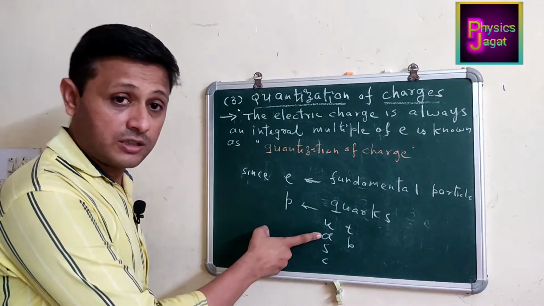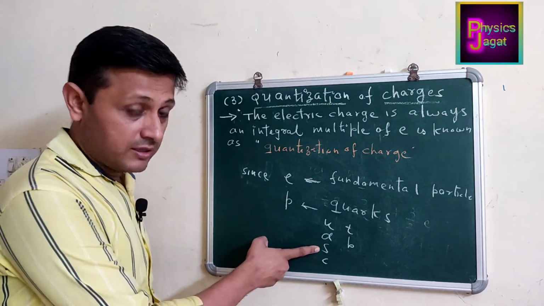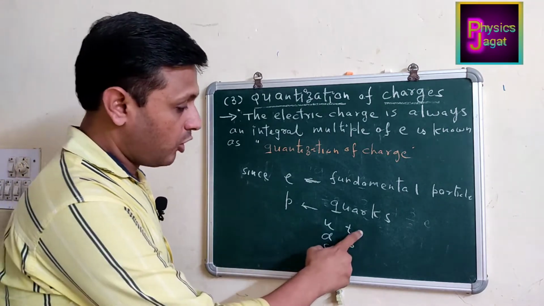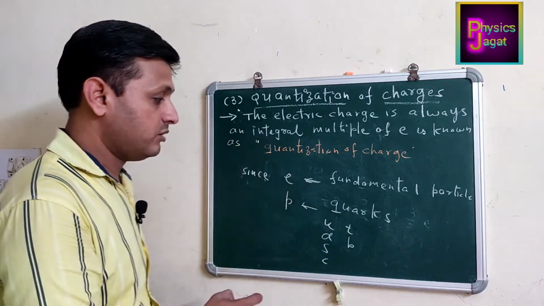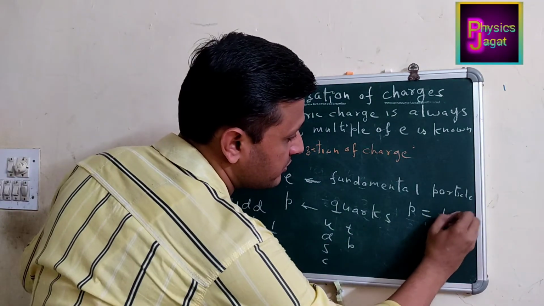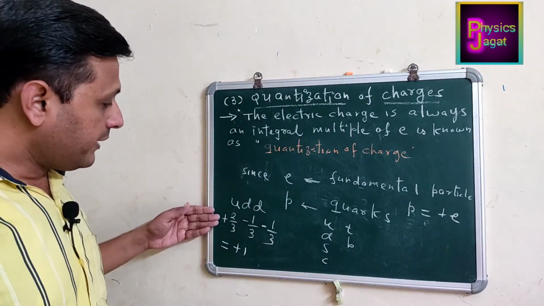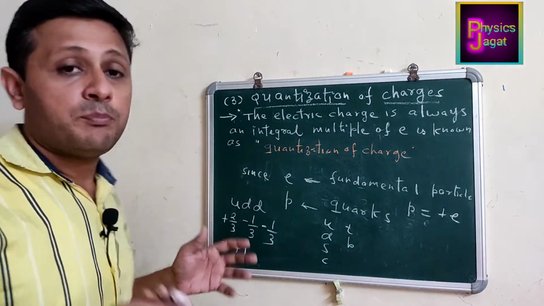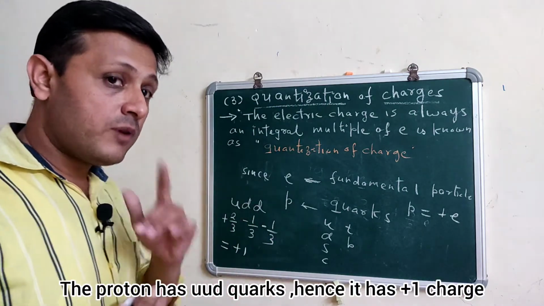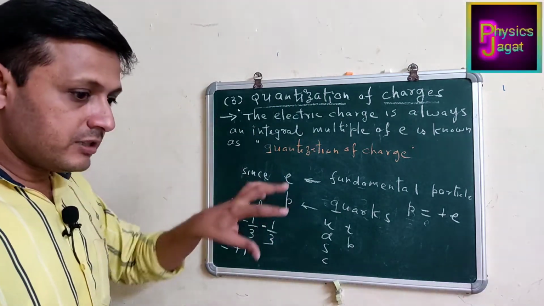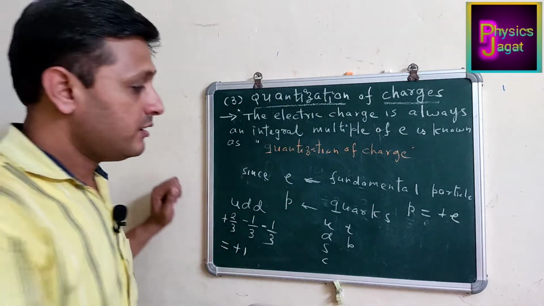Now, we cannot take the up quark or down quark as a fundamental basic unit of charge, because these three quarks inside the proton are always in a bound state.